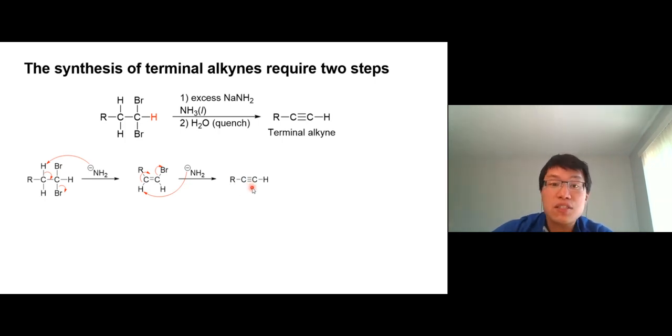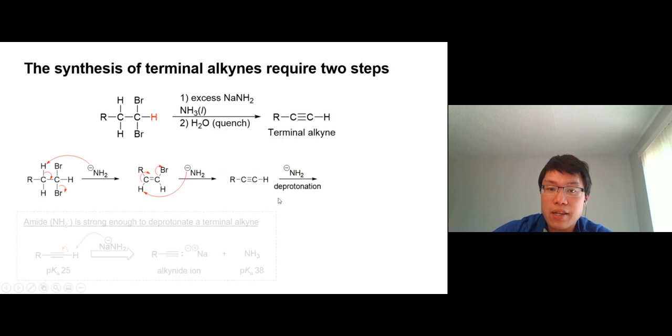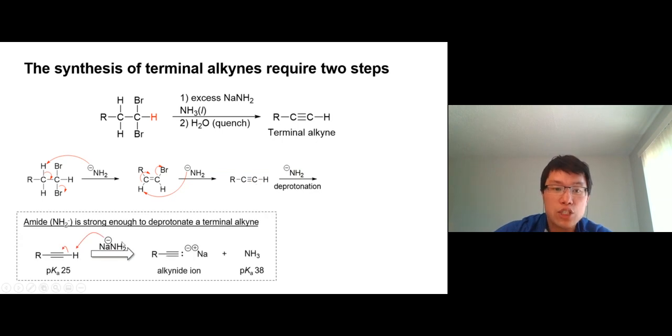However, the reaction doesn't stop here. We add an excess of sodium amide, so we have a lot of this floating around. Another molecule will deprotonate the alkyne. If you still remember, sodium amide is a strong base, strong enough to deprotonate an alkyne. So pKa 38, it goes in that direction.